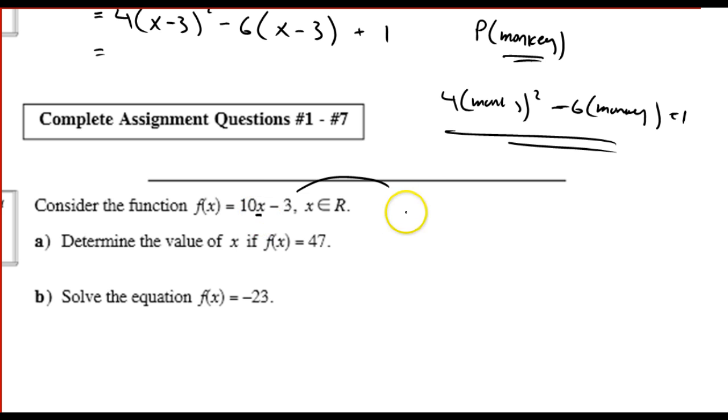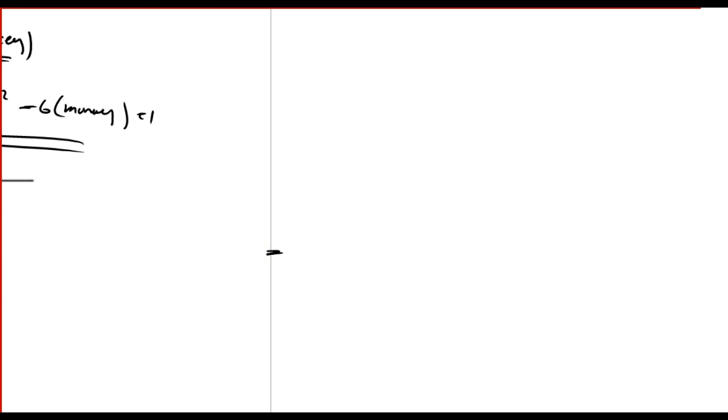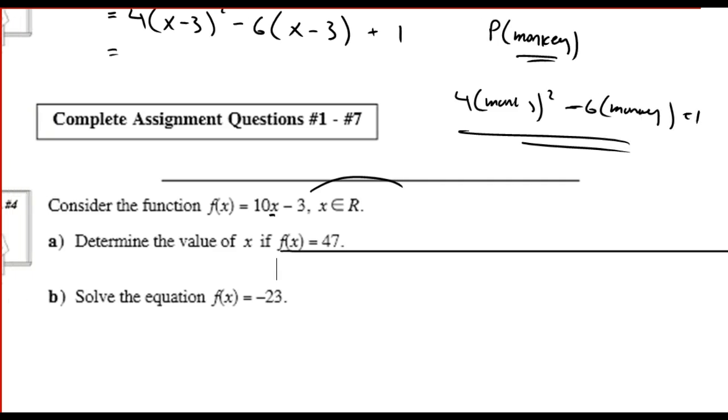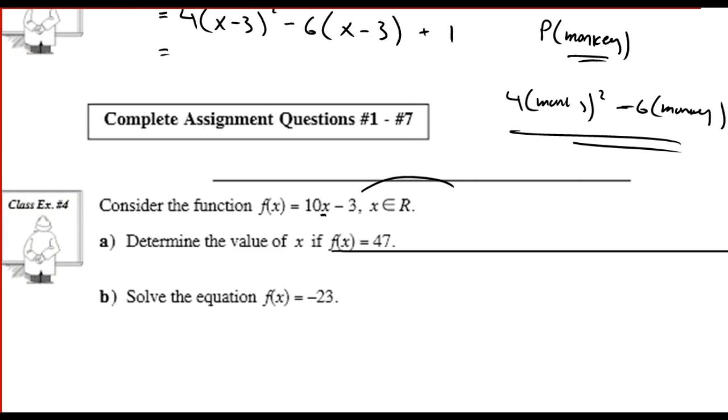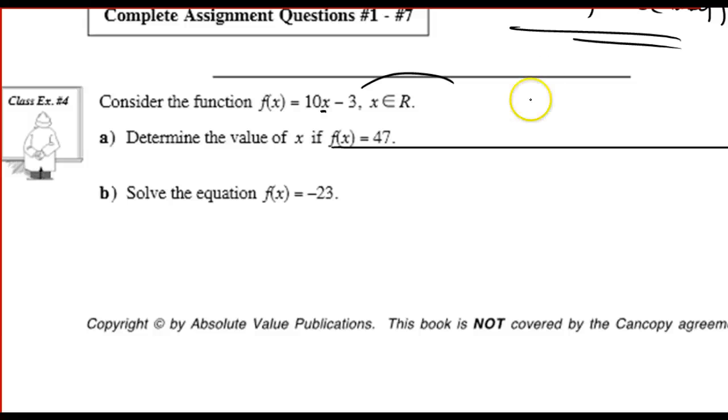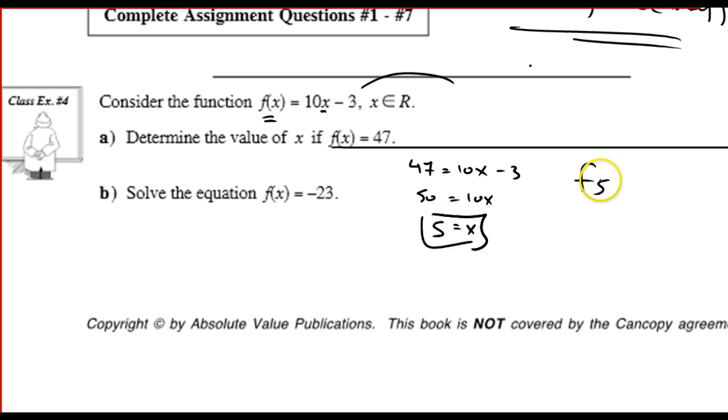In this case, if f at x is 47, that's 47 equals 10x minus 3. 50 equals 10x, x equals 5. Okay, so now you're working backwards. So f at 5 equals 47 if you were to do it the right way around.